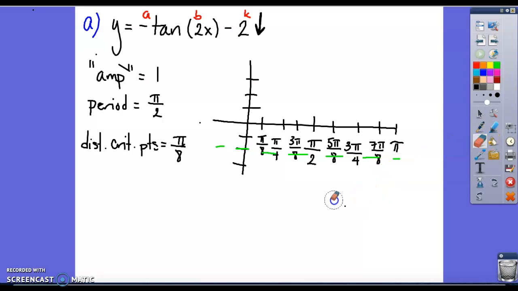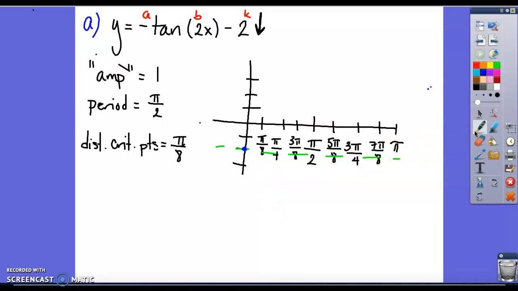Okay, so looking at my parent function for tangent, the first point is at 0, on the midline, right? So my first point here is going to be 0 right there.